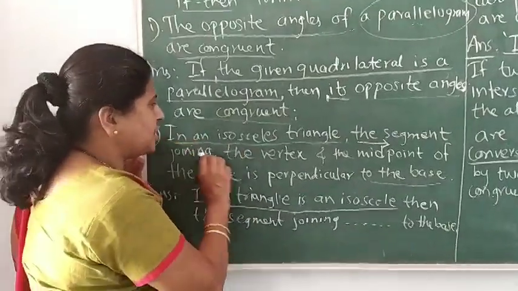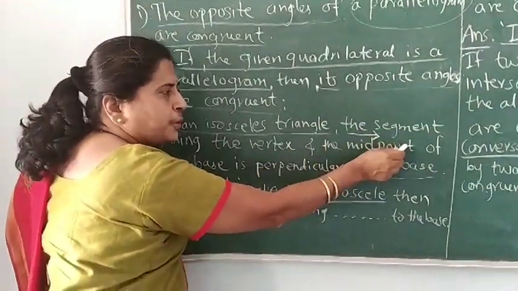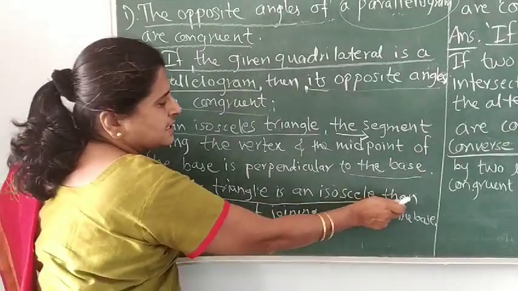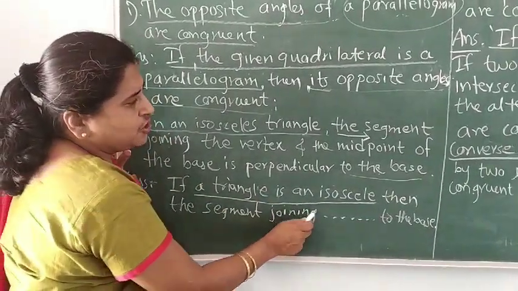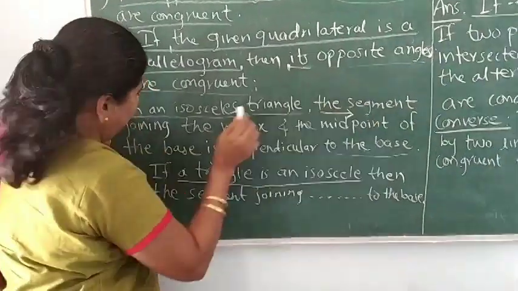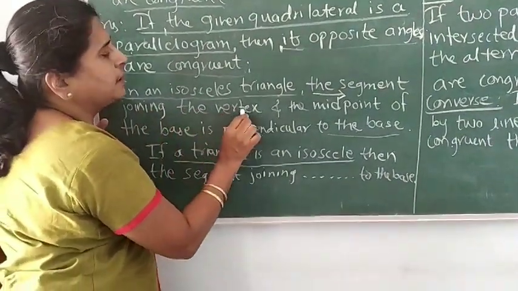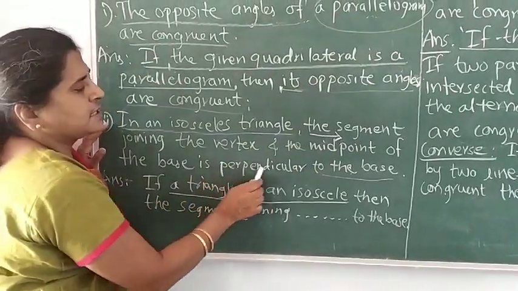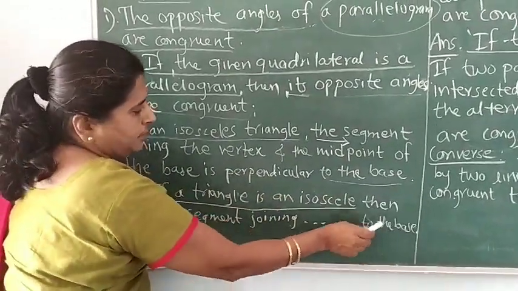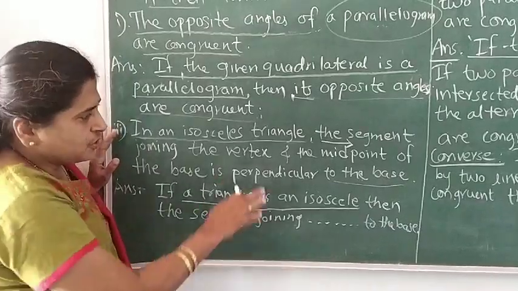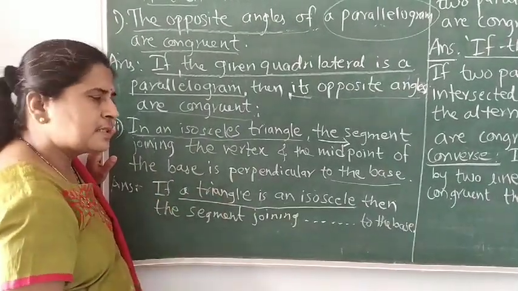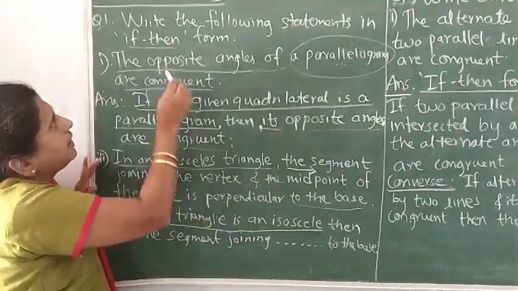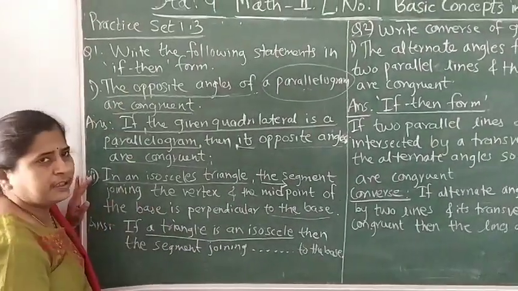So if this condition is fulfilled, then this is going to happen. Our answer will be: if a triangle is an isosceles, then the segment joining the vertex and the midpoint of the base is perpendicular to the base. In this way you can write the given statement in the if-then form.